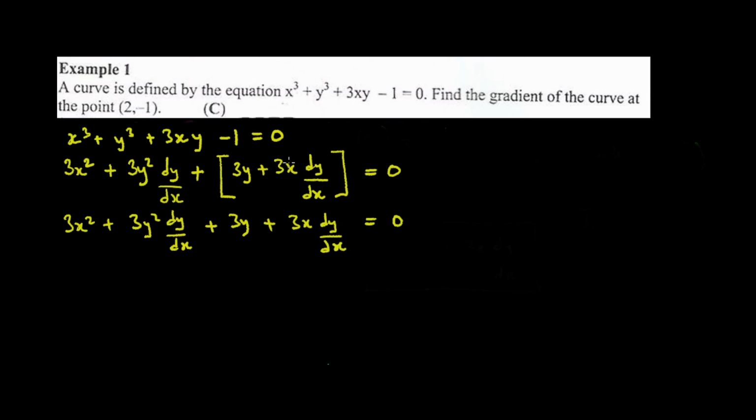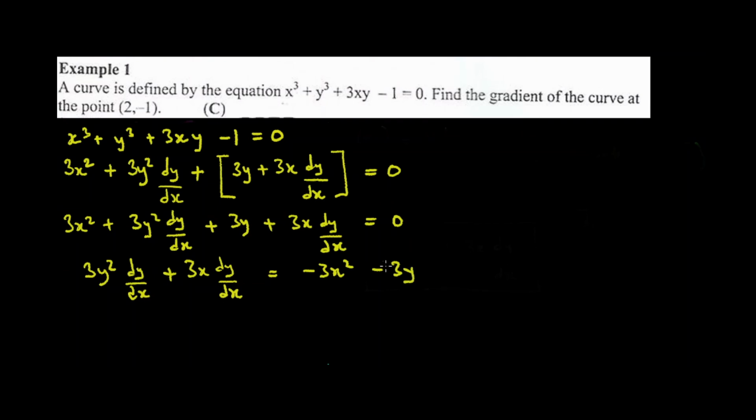What we want is dy/dx, so we are going to collect like terms. On the side with dy/dx, I write 3y squared dy/dx plus 3x dy/dx is equal to 3x squared, which goes to the other side and becomes minus 3x squared, and 3y also goes to the other side and becomes minus 3y, like that.